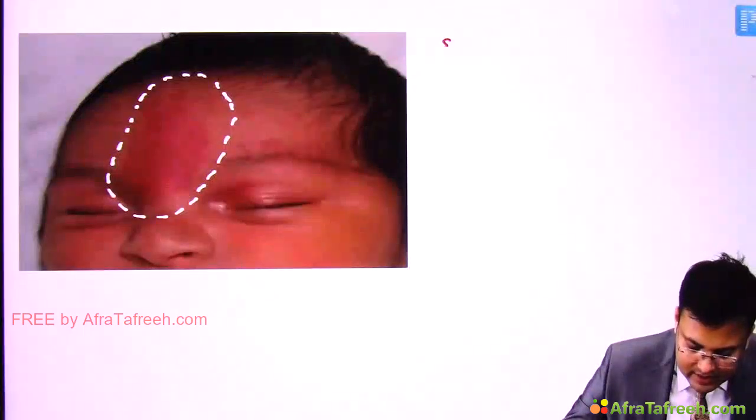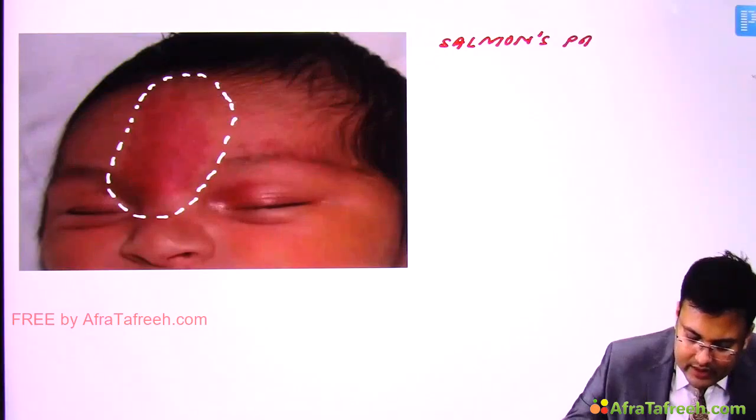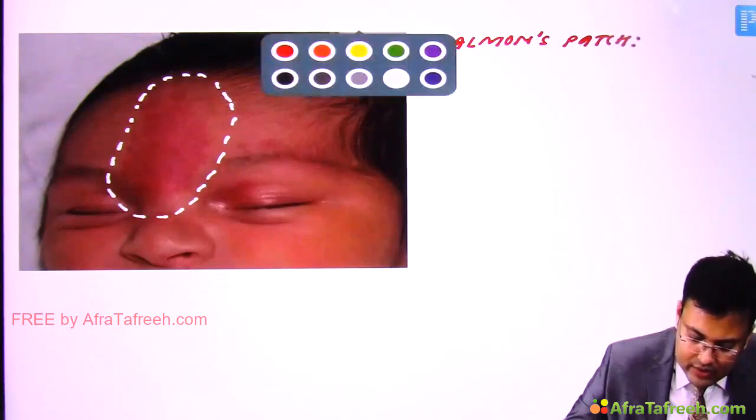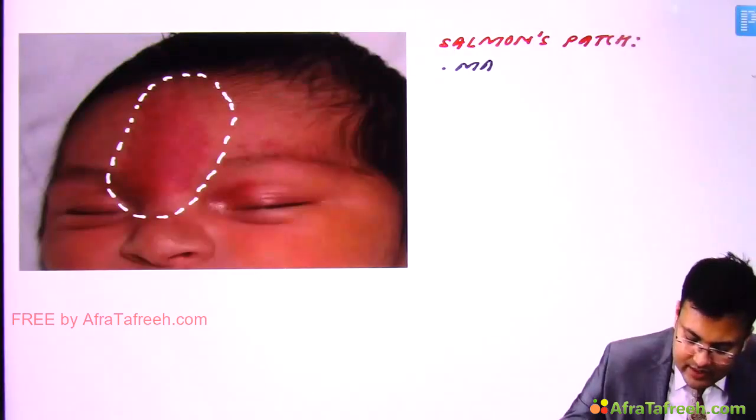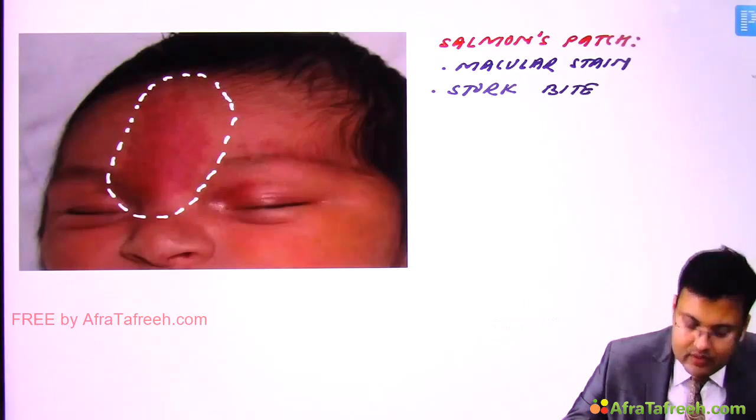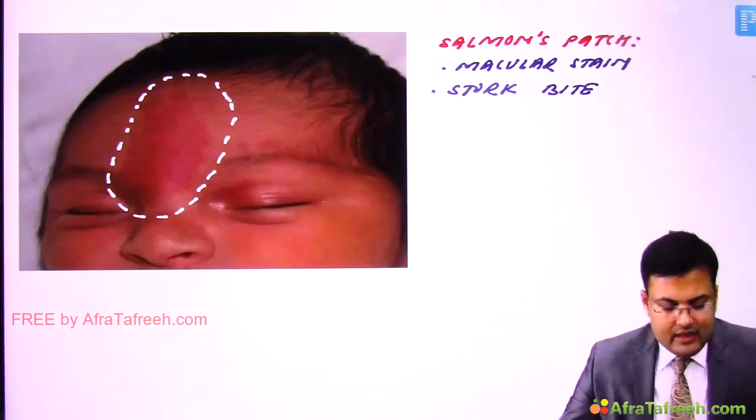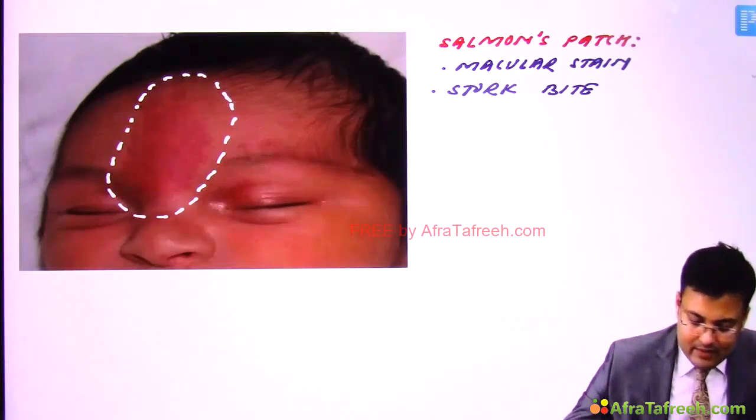What are the other names of Salmon's patch? It is also known as macular stain, also known as stork bite. Okay, stork is a bird. Now generally it is present at birth, and what is the site?